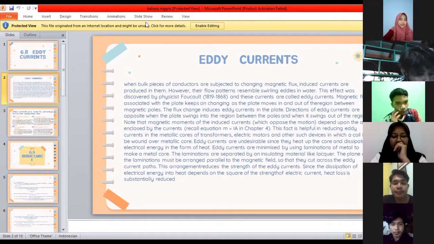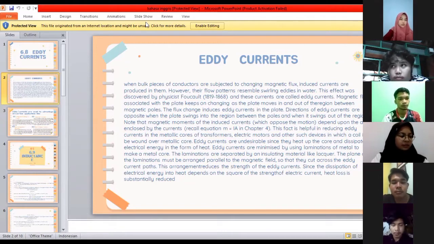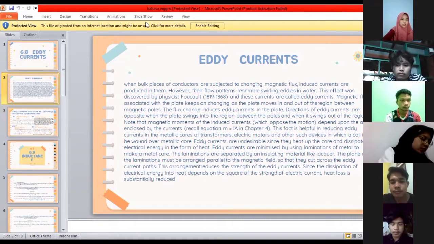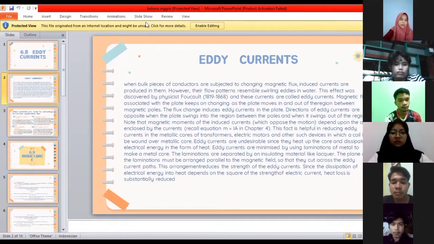The plane of the laminations must be arranged parallel to the magnetic field, so they cut across the eddy current path. This arrangement reduces the strength of the eddy currents, since the dissipation of electrical energy into heat depends on the square of the strength of electric current. Heat loss is substantially reduced.